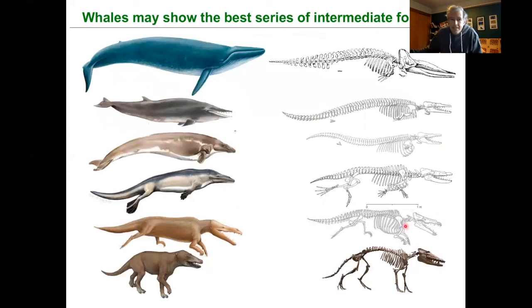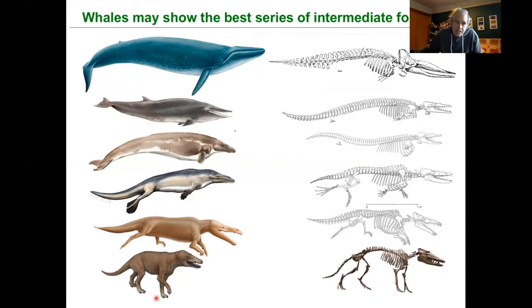So what we see is we go all the way back from Pakicetus to the modern blue whale. I'm just going to move this out of the way. We start at Pakicetus and go all the way up to the blue whale. We have this beautiful series of intermediate forms where every stage is intermediate between the one previous and the one after.